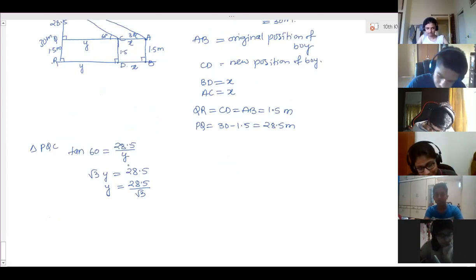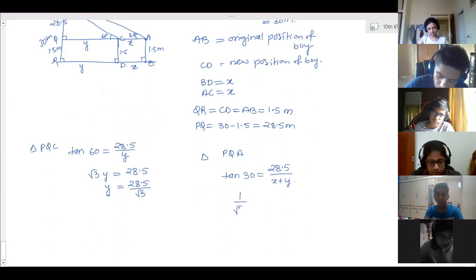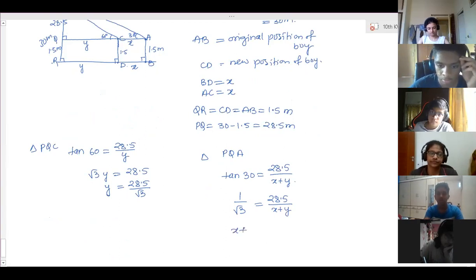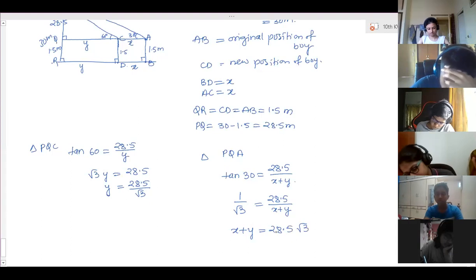Then in triangle PQA, tan 30 is equal to 28.5 by x plus y. 1 by root 3 is equal to 28.5 by x plus y. So x plus y is equal to 28.5 root 3.